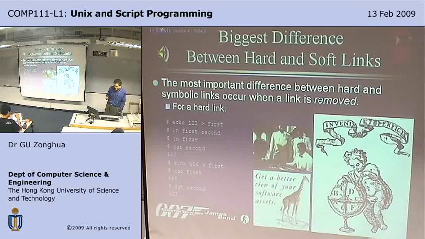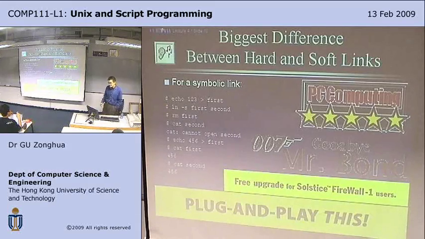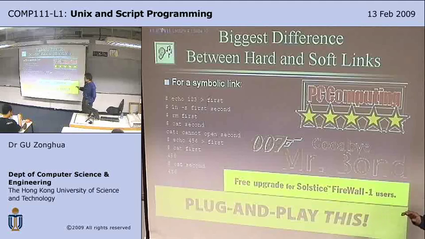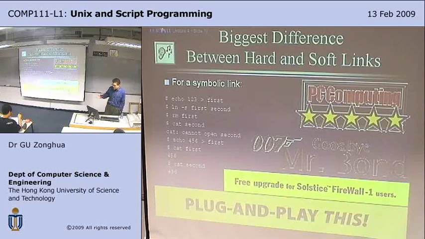So the lesson is that hard links are symmetric and soft links are asymmetric. Soft links are file and pointer. When the file is gone, the pointer is no longer valid. Any questions?